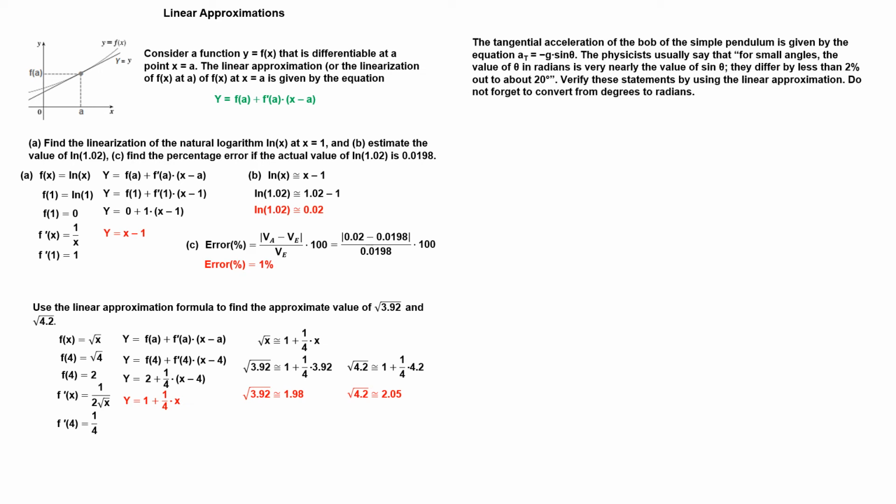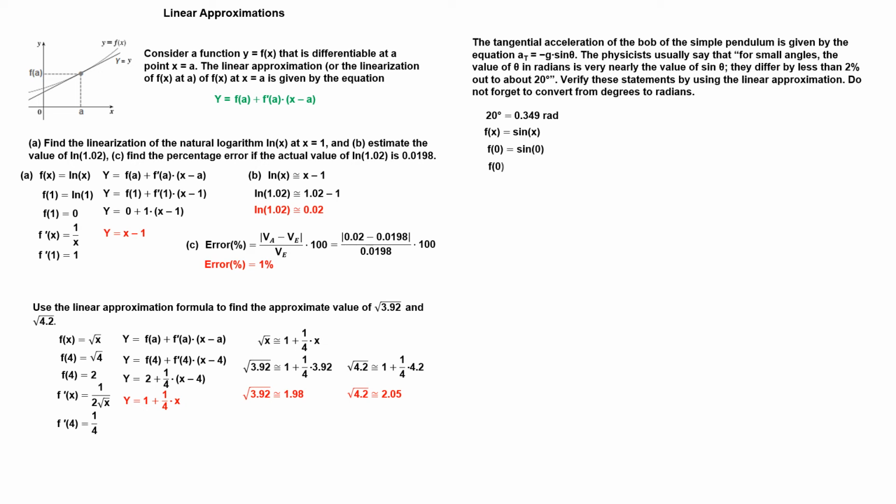To solve this example, first of all, let's convert 20 degrees to radians. The function we are dealing with is the sine of x. We are asked to determine the linear approximation for sine of x at x equals 0. So, because x is small, we know that x is close to 0, and we can pick a equals 0.